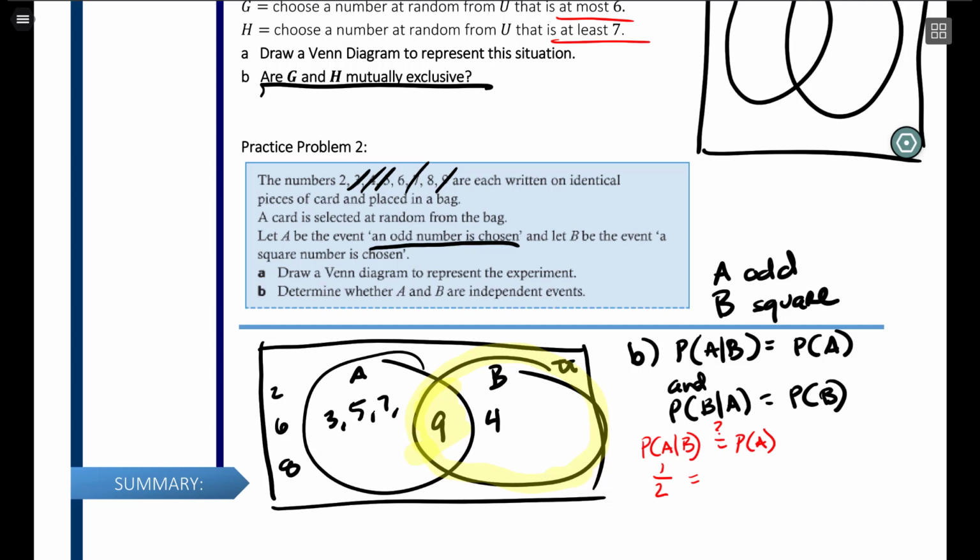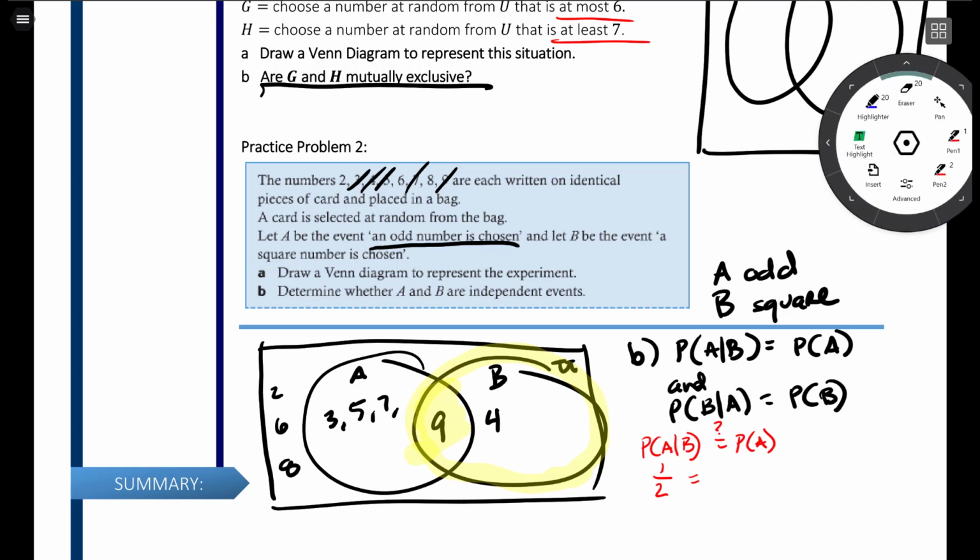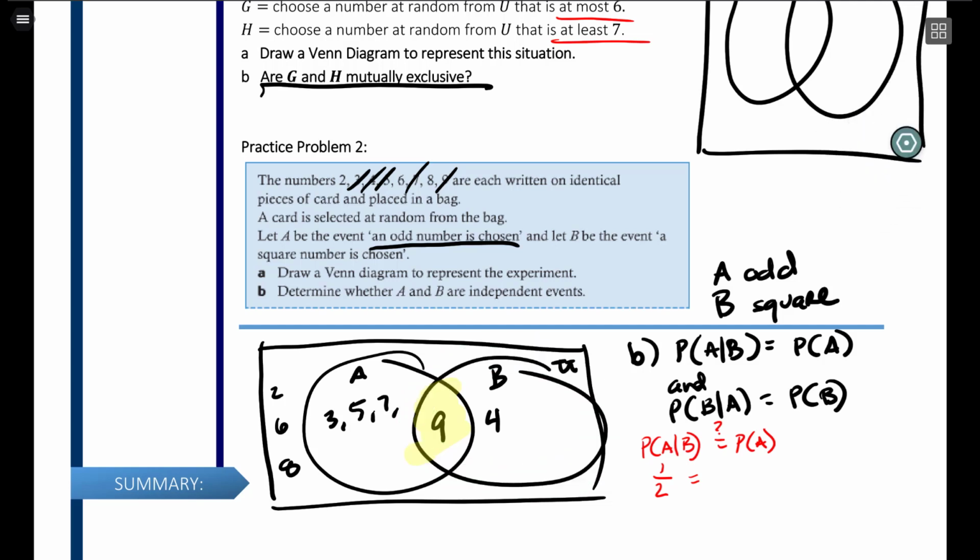Well, what's the probability that our randomly selected number is just in A? There are 4 elements here out of a total of 8 numbers, right? 2 through 9 is 8 numbers. So we have 4 of them in circle A out of a total of 8 numbers. Are these two things equal? Yes, they are. We're halfway there to proving independence.